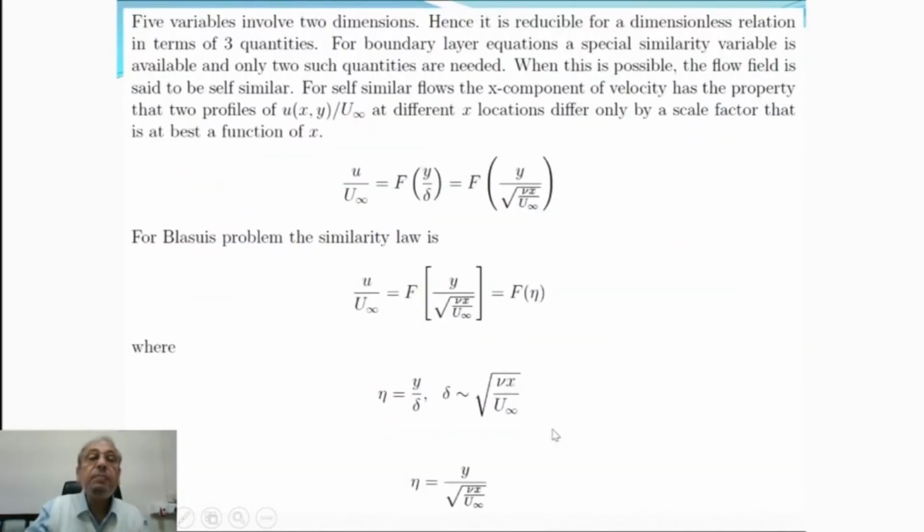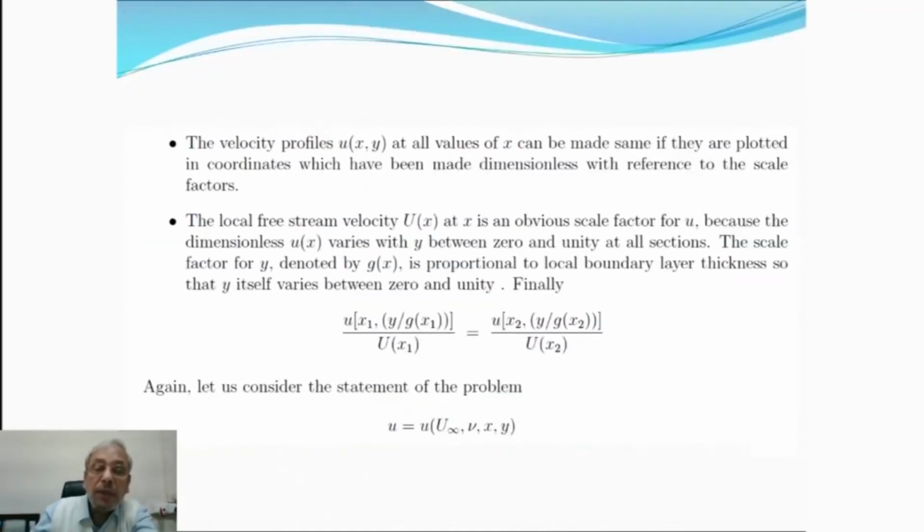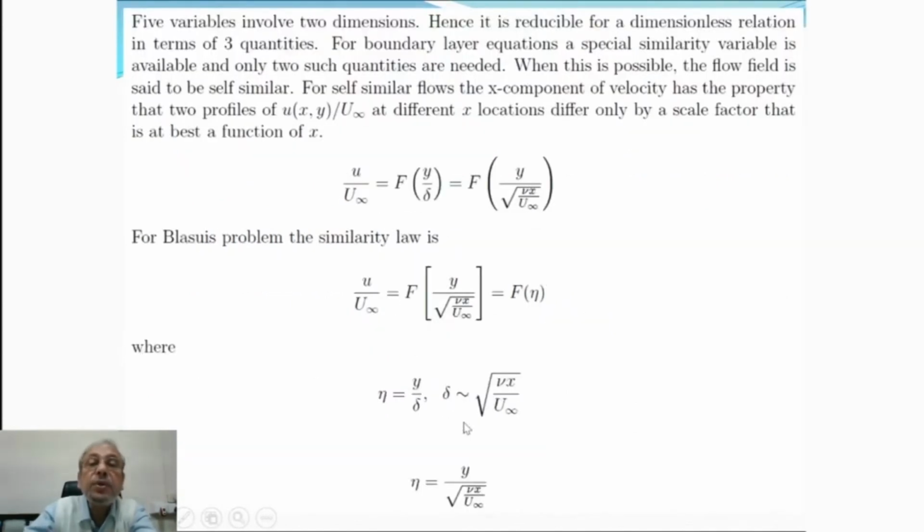Basically 5 variables are involved, and it is reducible by dimensional analysis, because the length and time, these are the two units involved in all these variables we have used.